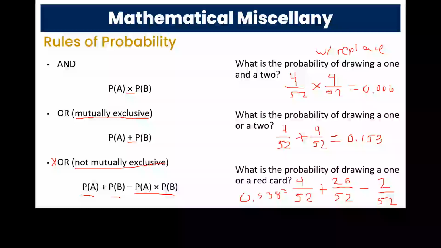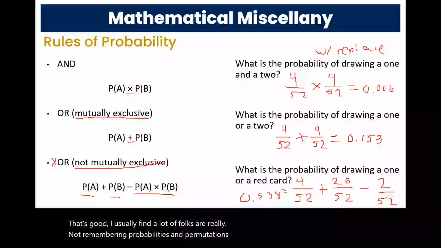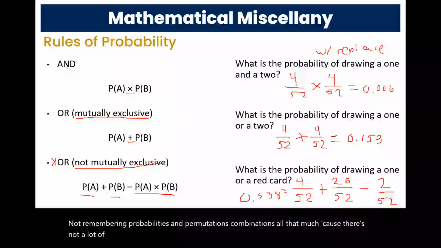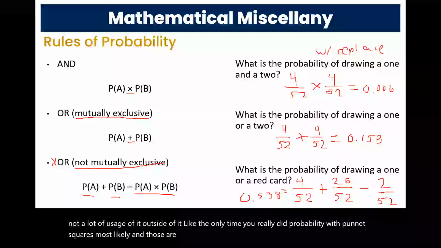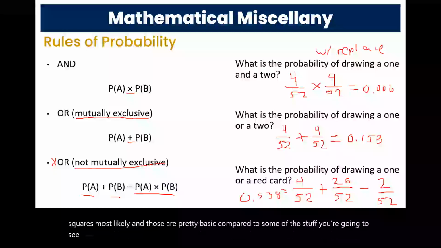Well, that's good. I usually find a lot of folks are really not remembering probabilities and permutations, combinations all that much because there's not a lot of usage of it outside of this. Like, the only time you really did probabilities was Punnett squares, most likely, and those are pretty basic compared to some of the stuff you're going to see on the GRE. So this is something you want to try to dig into a little bit more. Make sure you understand how these probability things work.